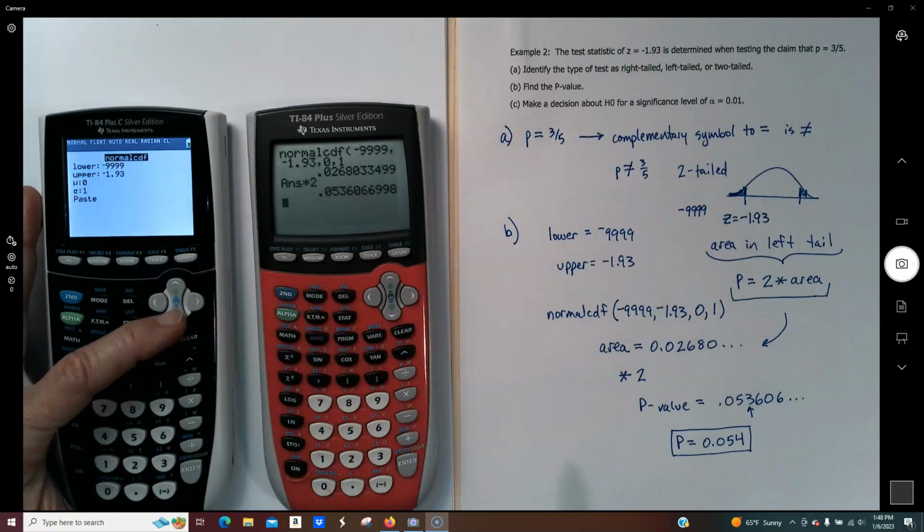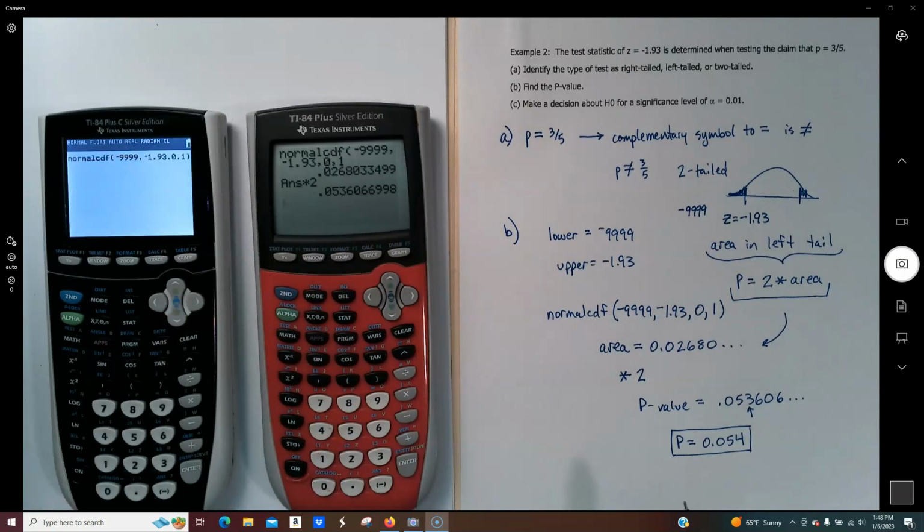We paste that onto the screen to see the same entry we typed into the other calculator and press enter. So again, we get our area of 0.0268. Because it is a two-tailed test, we double that area to get the p-value and round to 3 decimal places to get 0.054.